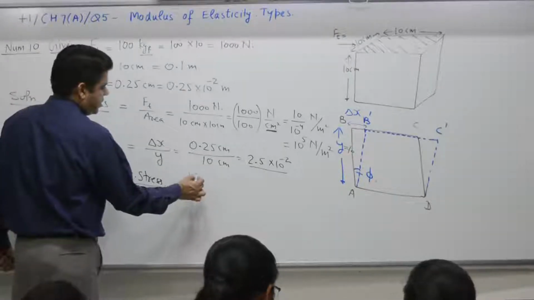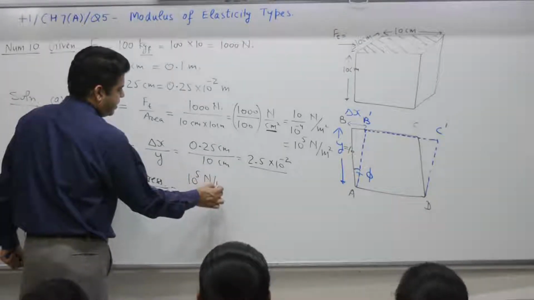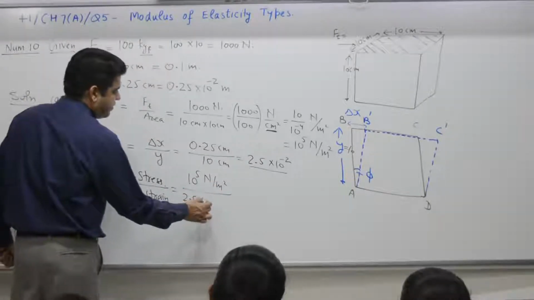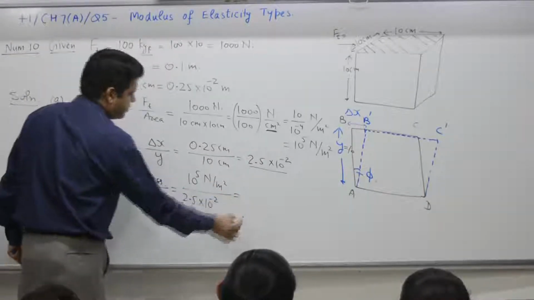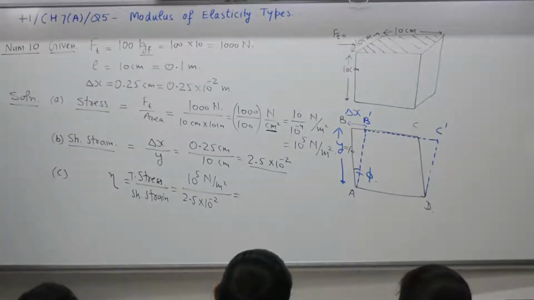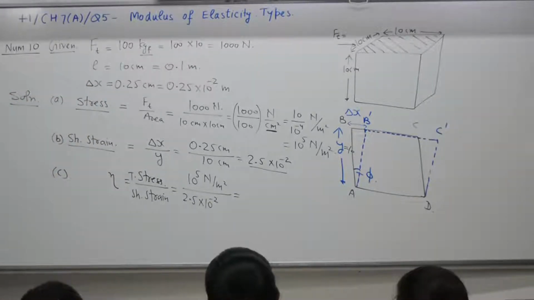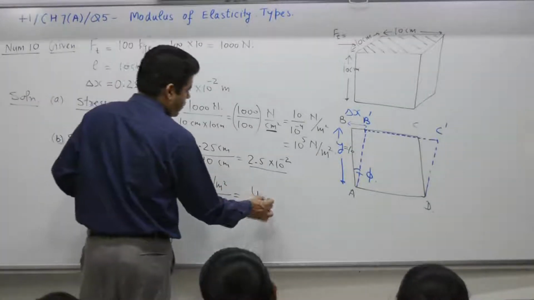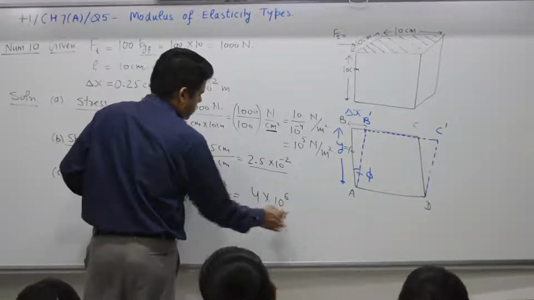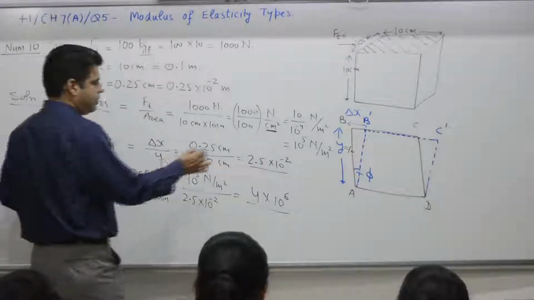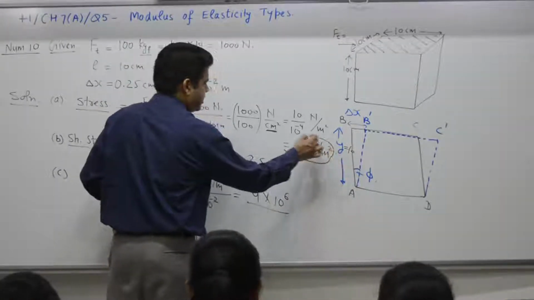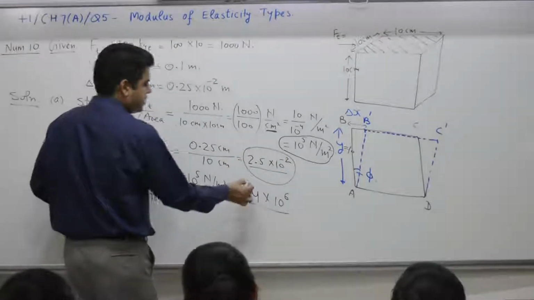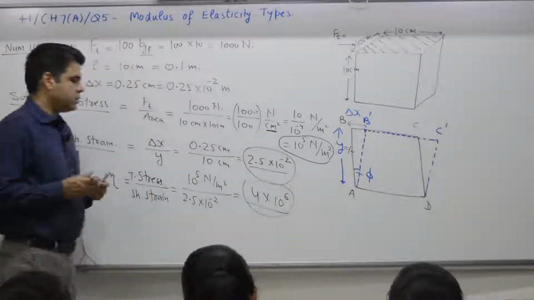That is 10 raised to the power 5 Newton per meter square divided by 2.5 into 10 raised to the power minus 2, which comes out to 4 into 10 raised to the power 6. So for the 3 parts, the answer to the first part is 10 raised to the power 5 Newton per meter square, second is 2.5 into 10 raised to the power minus 2, and third is 4 into 10 raised to the power 6.